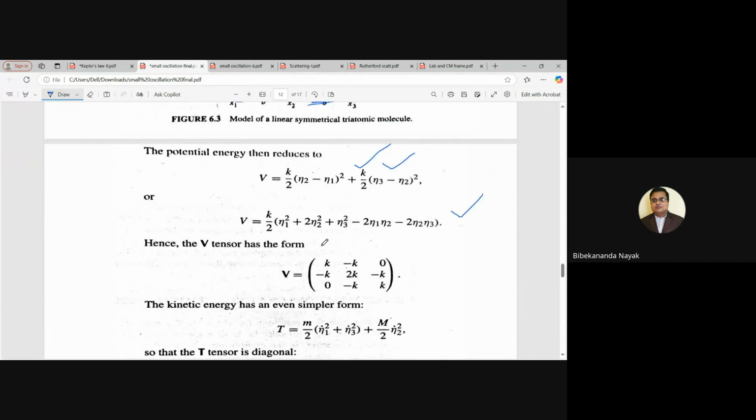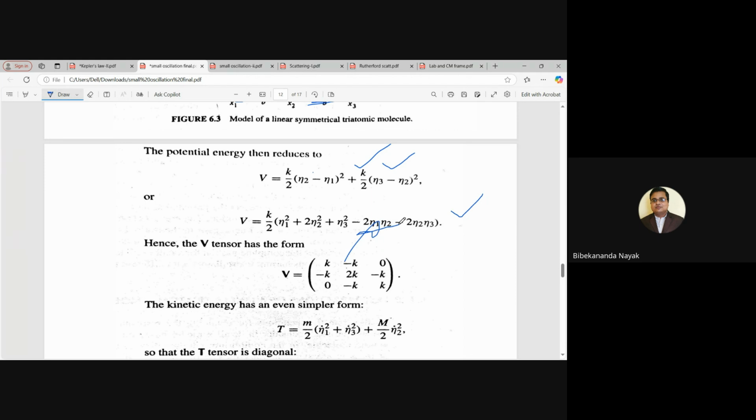Is it not? I can write it in a matrix form for a tensor, V tensor, Vij. In the tensor matrix form, eta 1 square means the 1 1 component. Here the 1 2 component means eta 1 into eta 2, but eta 1 eta 2 has a minus 2 into eta 1 eta 2.